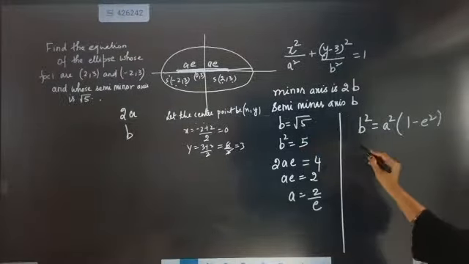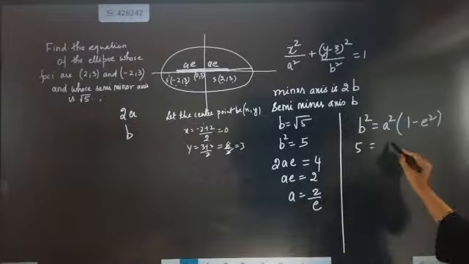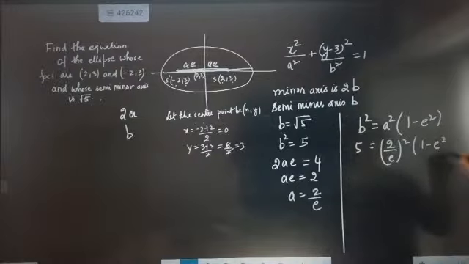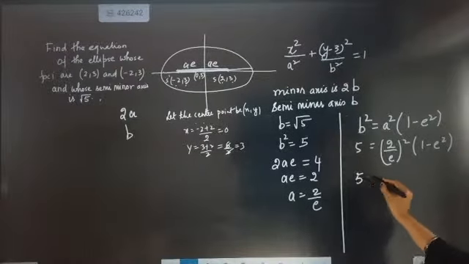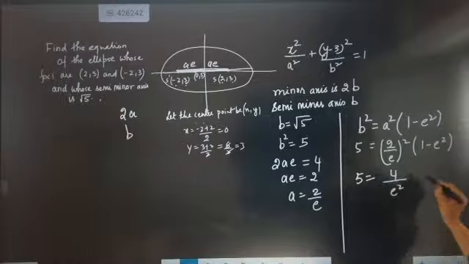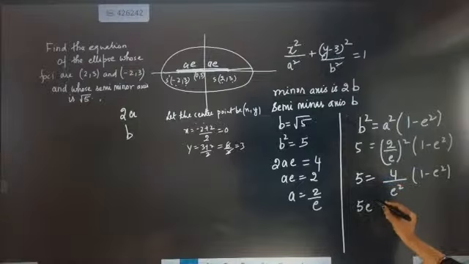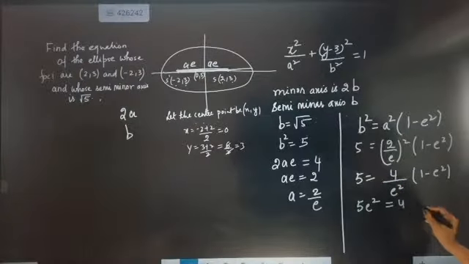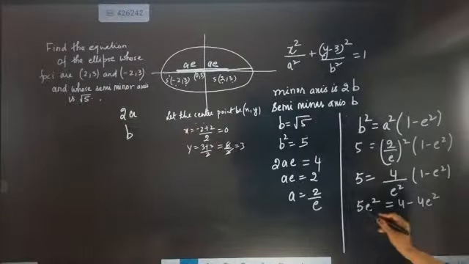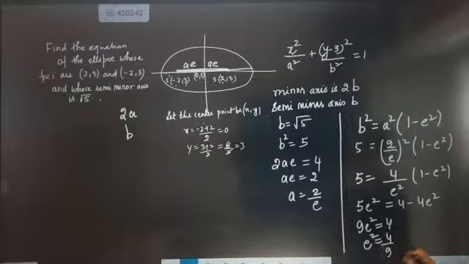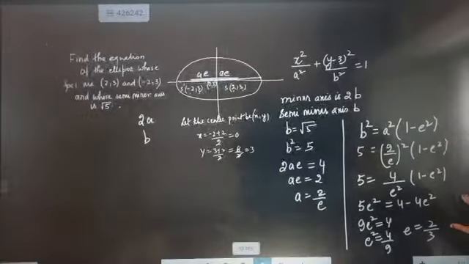Now b square is 5, and a is 2 by e, so 5 equals 4 by e square into 1 minus e square. Multiplying by e square, 5e square equals 4 minus 4e square. So 5 plus 4, 9e square equals 4. So e square equals 4 by 9, and e equals 2 by 3. So eccentricity is coming as 2 by 3.